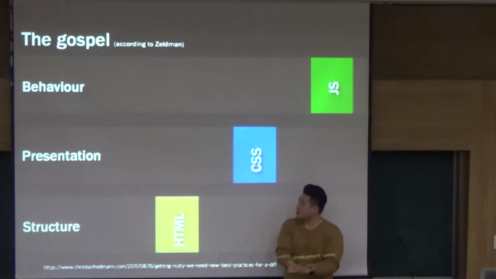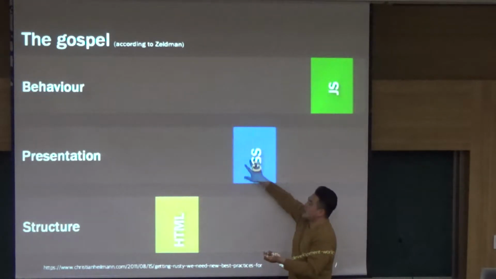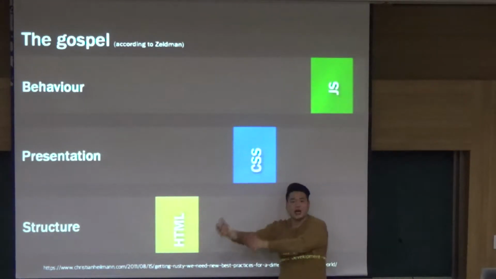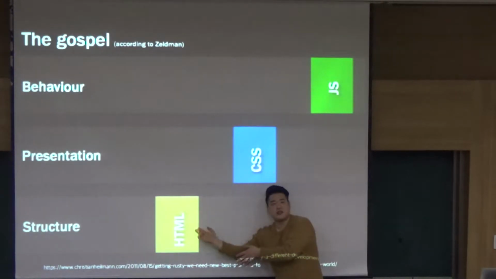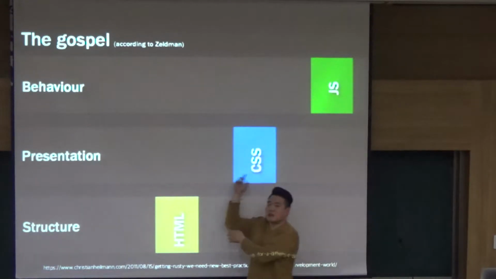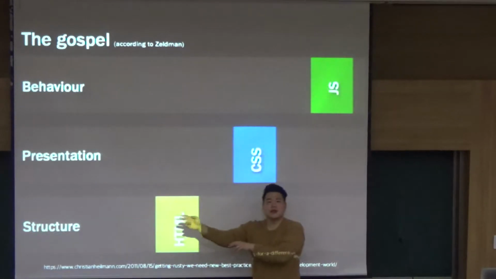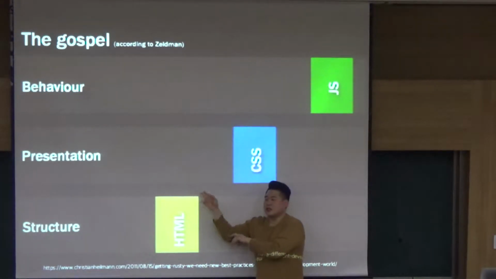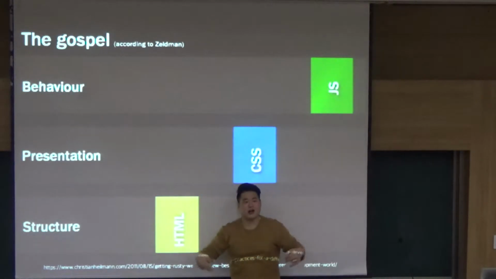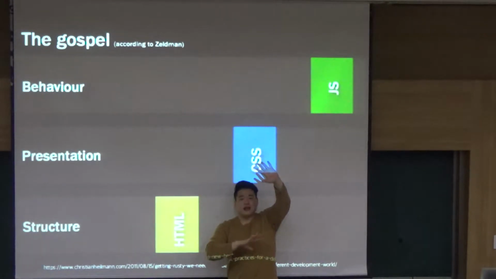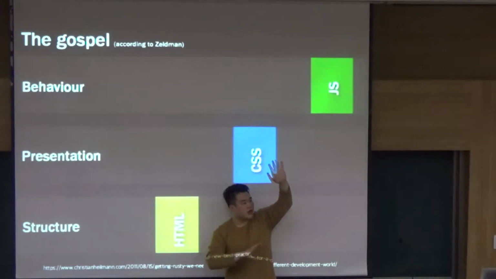And here we have CSS. This is another type of code, different from HTML, and it is about presentation. What was the presentation? Examples of presentation are border or margin. It is different from structure, right?